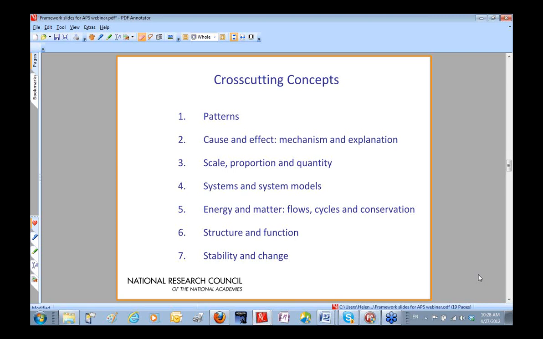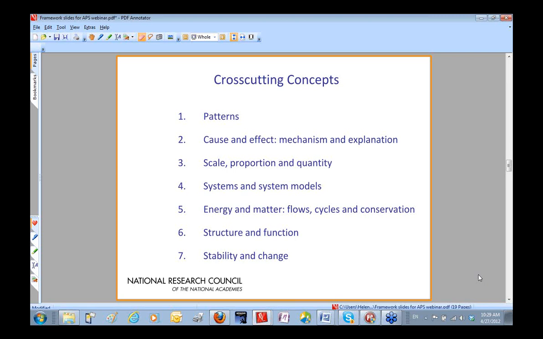So putting together the words in a way that works across disciplines was part of the effort of writing the framework, and it will be part of the effort of teacher education to make sure that teachers across disciplines talk to one another and think about, when I'm teaching about energy, how do I connect to the teaching about energy that went on in other classrooms? So that's one of the reasons for making these things cross-cutting concepts.